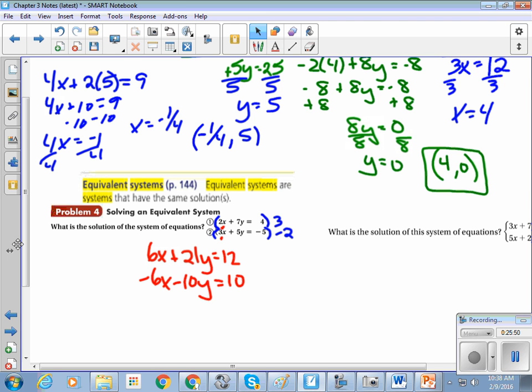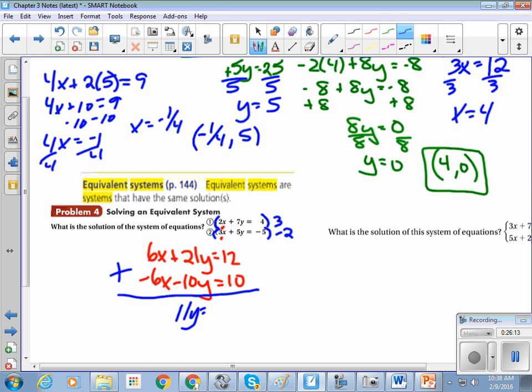Now I can do the same process we did for the above problems. I'm going to add them together straight up now that I have an eliminator. So 6x minus 6x is 0. 21y minus 10y is 11y. And 12 plus 10 is 22.